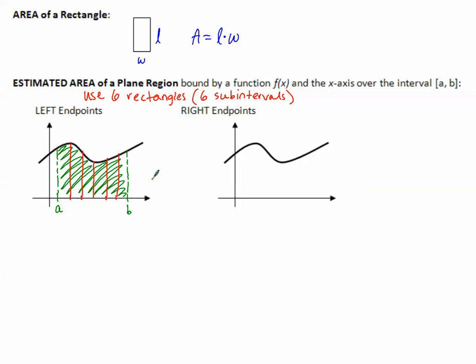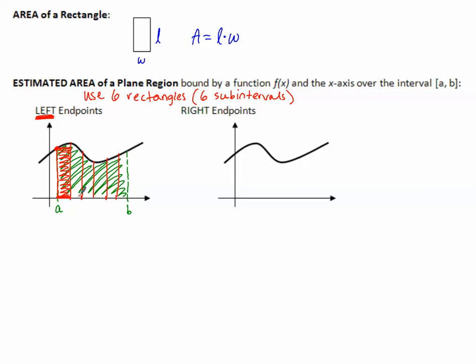When I'm going to make the rectangles using left endpoints, that means here's the first subinterval. Go to the left side of it where the beginning is. Go up to the curve on the left, find a point, go across, and come down. This right here, that's going to be my first rectangle. Again, using left endpoints, here's my second subinterval here.